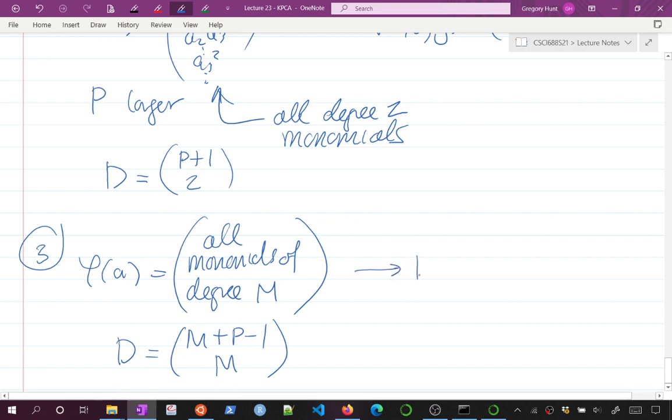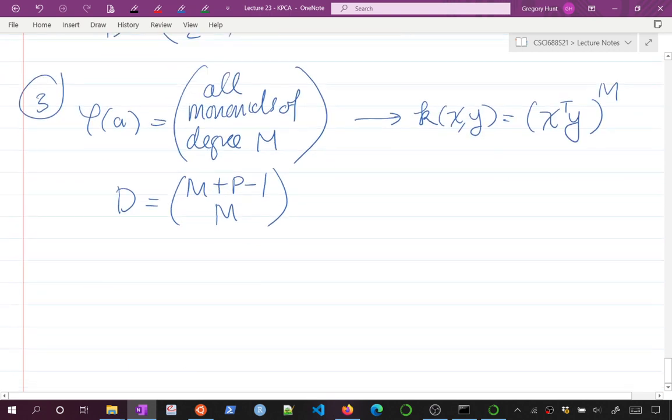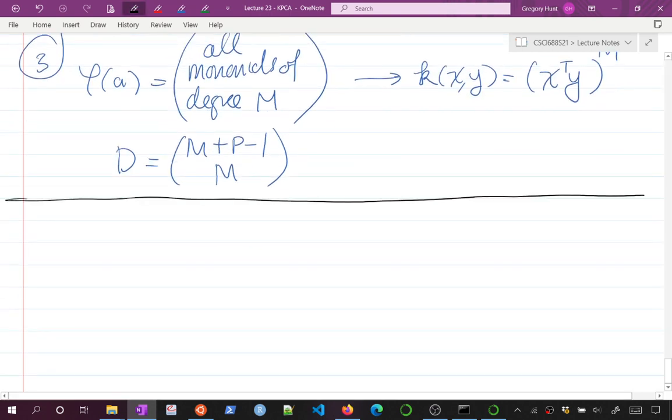And my embedding function is, I look at all degree m, so like maybe cubed, like a1 squared times a2 cubed, a1 cubed, a3 cubed, a3 times a4 squared, right? So all degree 3 monomials. Turns out there's a little function, a kernel function, that can calculate my kernel matrix, and you guessed it, it's just the inner product between my original data points in the original low dimensional space to the mth power.